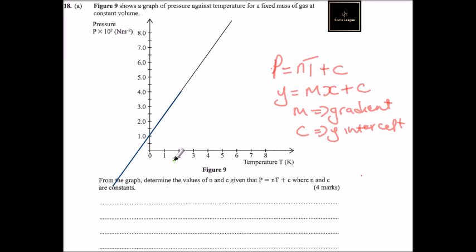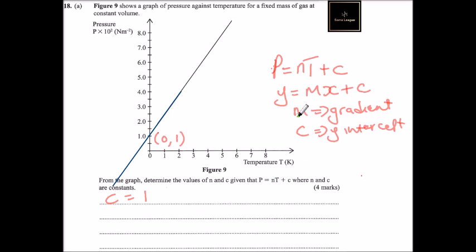When you extend this graph, you can see it passes at 0, 1. So it means that our C, which should be the value of pressure or y, is equal to 1. So that is how you get C, which we call in mathematics the y-intercept.